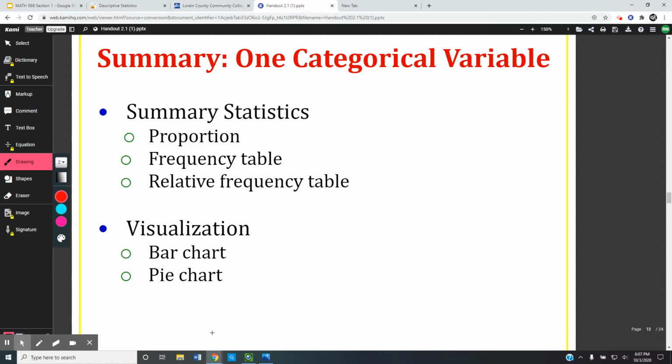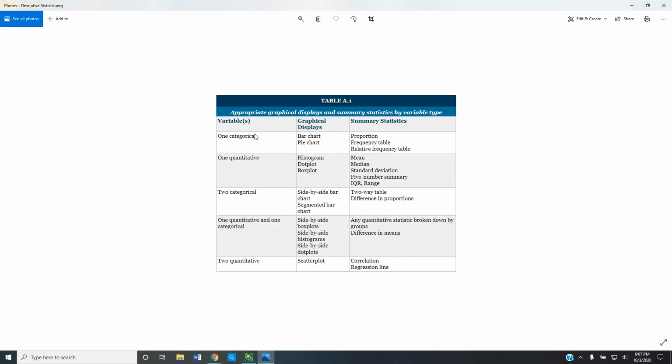Posted inside of your electronic textbook that's online, you can see something very similar to this in Table 1A. And I'll post this for you online also inside of Canvas. It does a nice job of this. It lays out one categorical, bar chart, pie chart, a proportion, a frequency table, and a relative frequency table. You can see that we're going to go on to do other items at the same time. So again, I will post that for you in Canvas.